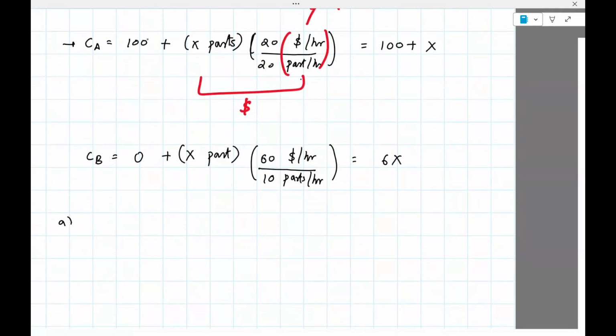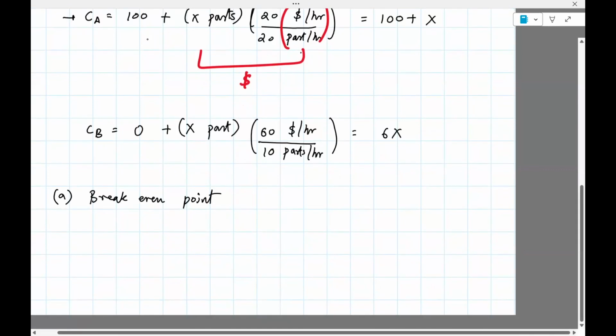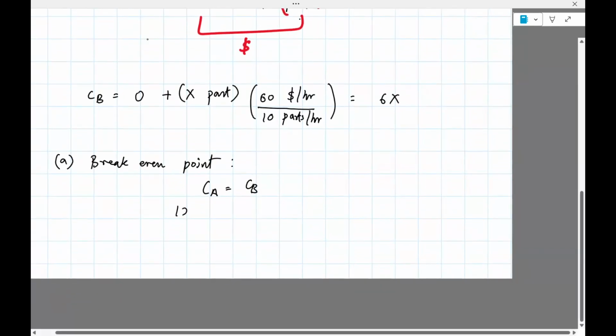So for the break-even point, what we need to do is we need to equate CA to CB. So we have 100 plus x equals 6x. And so clearly x equals 100 divided by 5, which is 20.